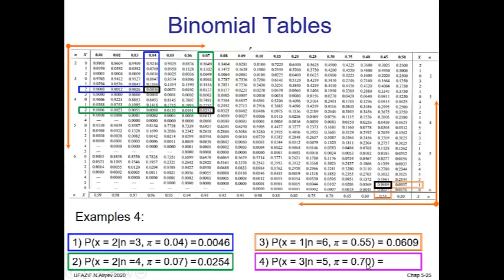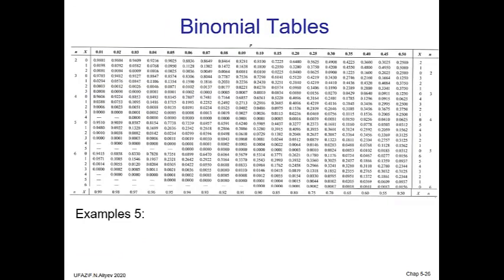Pi 0.70. Again this direction here, n5, and x of course 3, intersection here, 0.3087. Okay, next question.